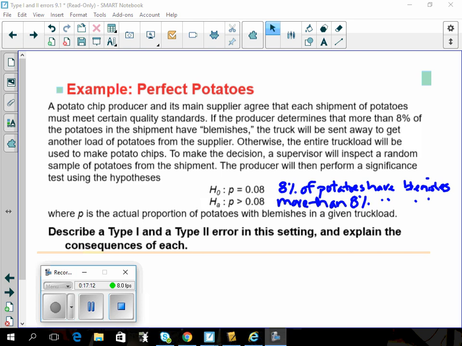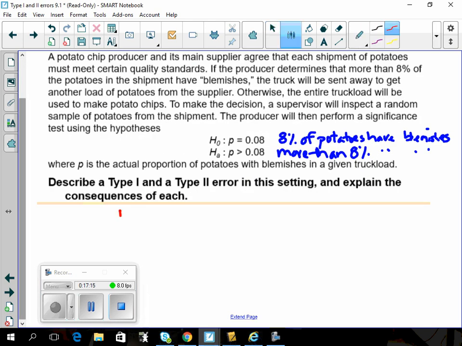So let's see if we can't put this in words. So let's talk about what type 1 error would be. Let's label each. Just for my own sake to help me remember, I tend to write without context first and then add context. So without context, what is a type 1 error? If you look at your table, it's when you reject the null when you shouldn't have, right?